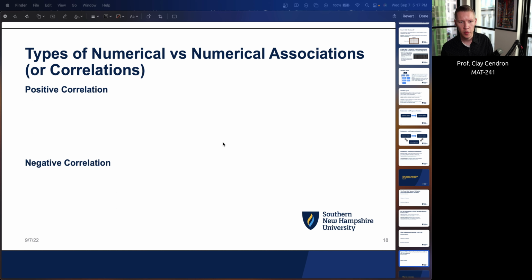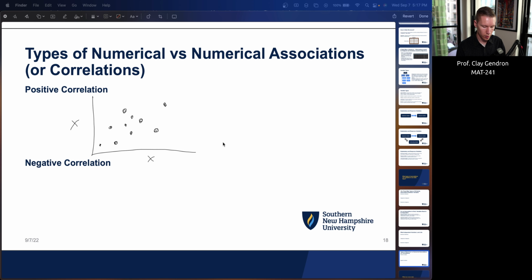The last part of this is looking at numerical associations, and we have what's called a positive and a negative correlation. Before, we looked at an XY scatter plot, where we had our X and our Y, and we had some positive correlation like this, where if we were to draw a line of best fit, it would look something like this.